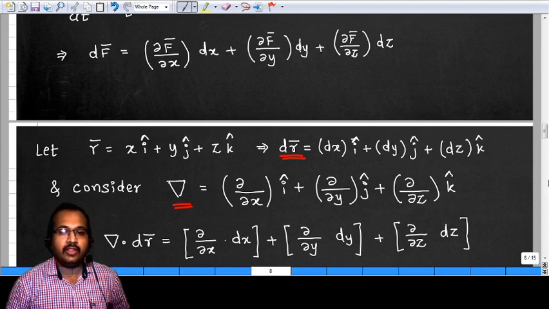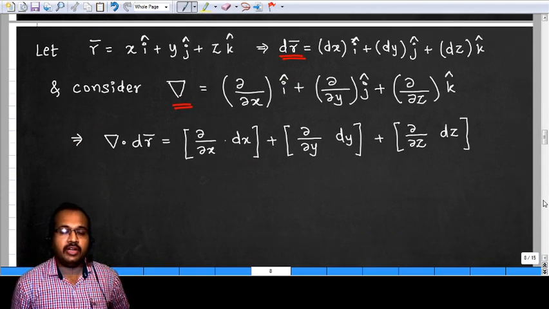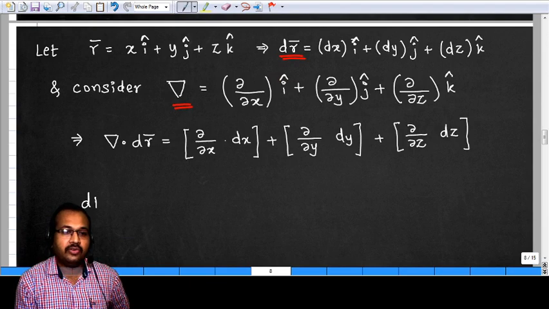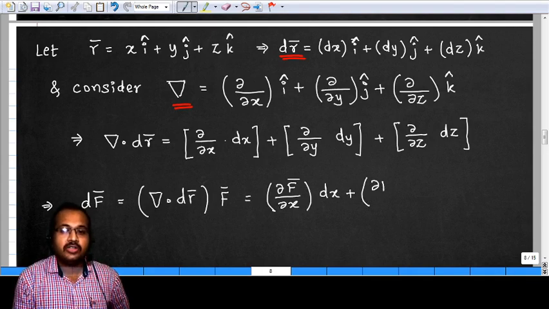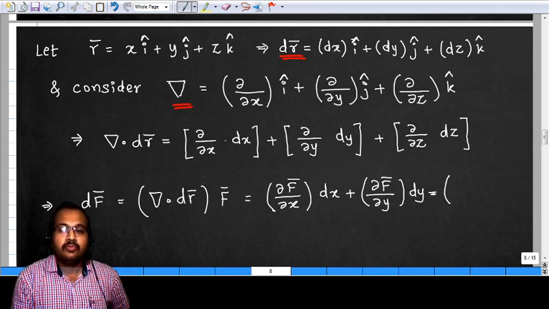Therefore, we can rewrite the value of df bar: the derivative of f bar can be rewritten as del dot dr bar into f bar, and this will give us partial derivative of f bar with respect to x into dx plus partial derivative of f bar with respect to y into dy plus partial derivative of f bar with respect to z into dz.